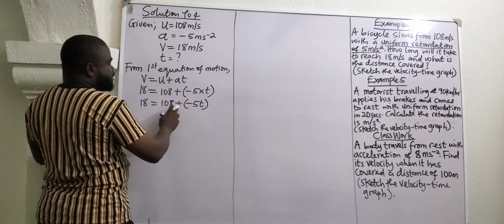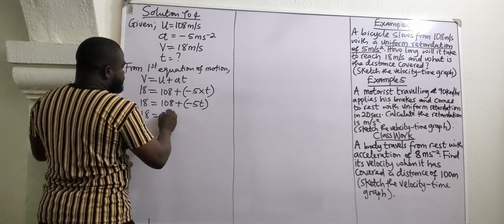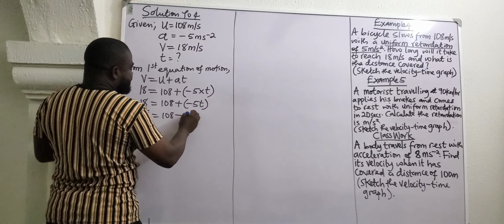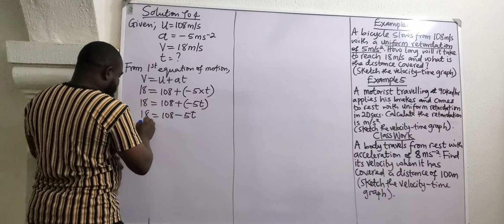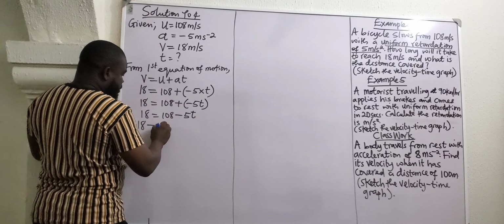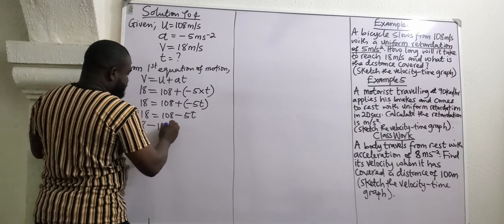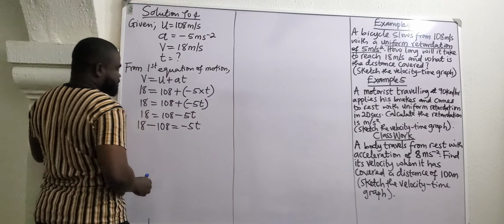You open the bracket with a plus sign, and that sign changes to what? Minus. 108 minus 5t. You collect like terms, you have 18 minus 108, 108 crosses over to become minus 108, equals minus 5t.